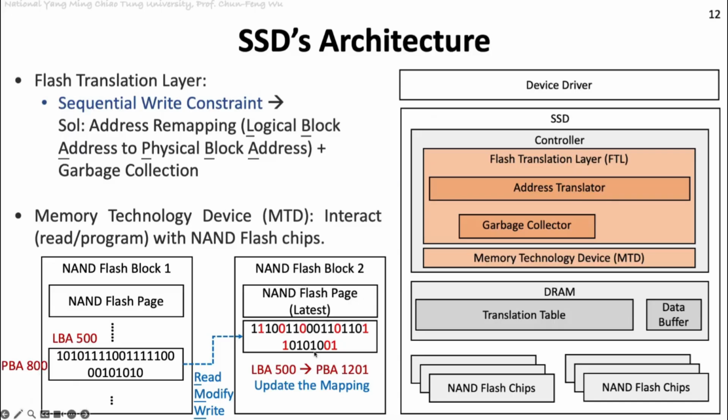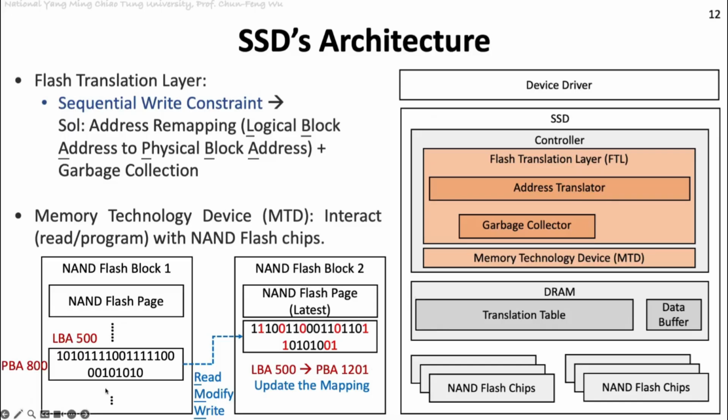Okay, and if we are going to do this kind of remapping, we need something like a page table, right? But this is SSD, so we are not using a page table. What we are going to use is called the SSD translation table. Inside the DRAM of the SSD, there is also a place to put the translation table here. This translation table will keep track of the mapping between each LBA and PBA.